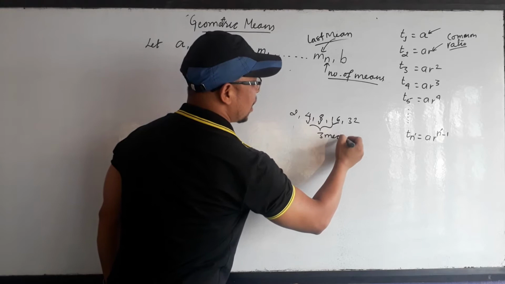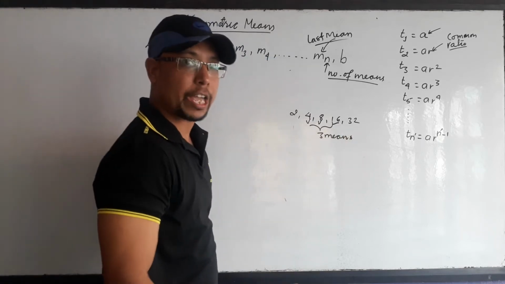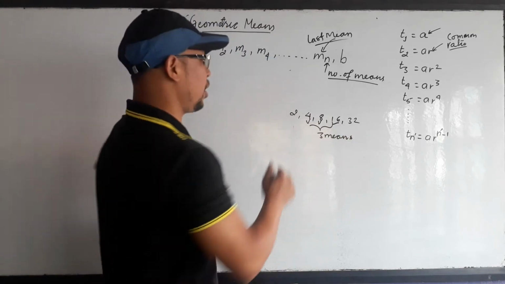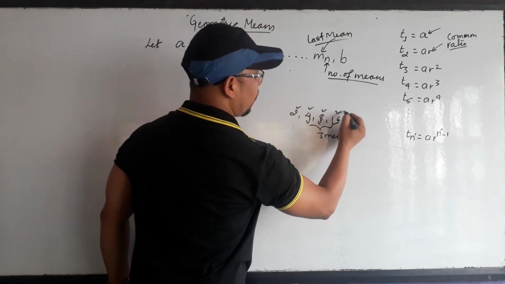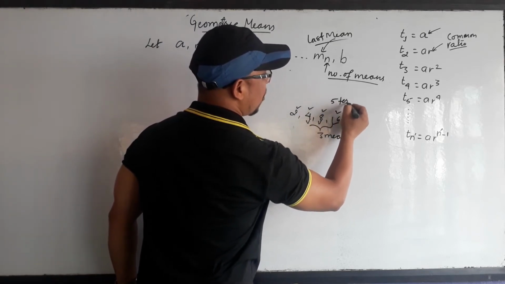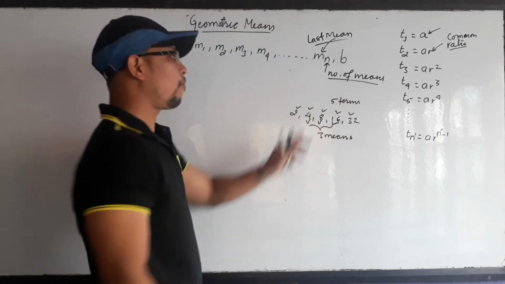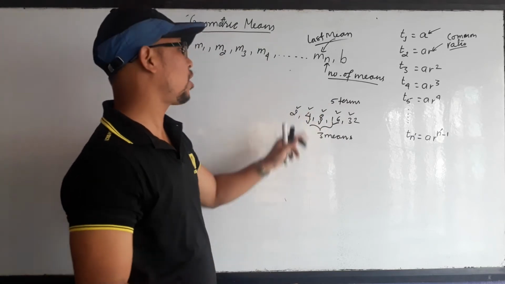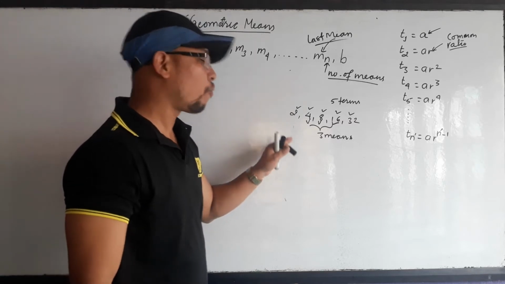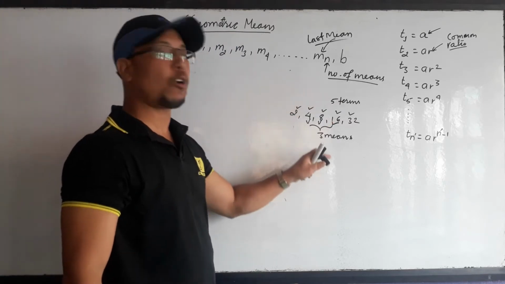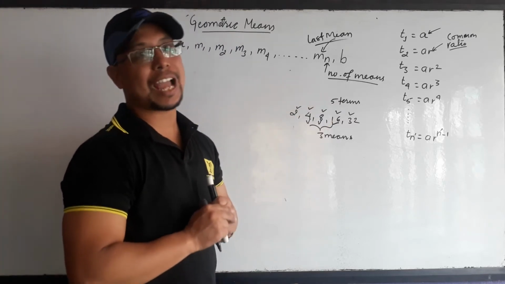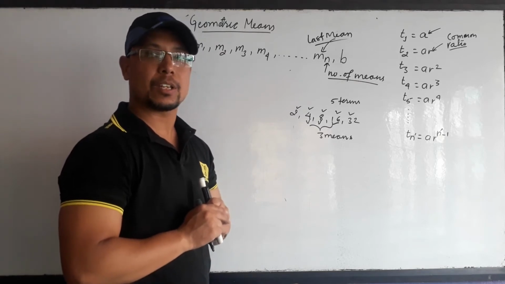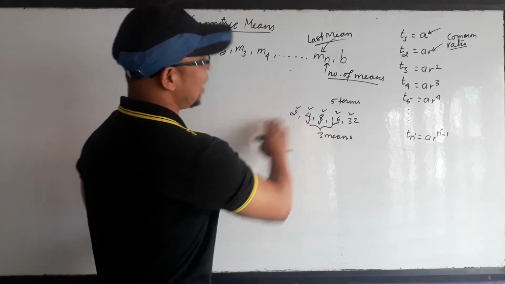How many terms are here? 1, 2, 3, 4, 5. There are 5 terms but 3 means. So the number of terms is always 2 more than the number of means.